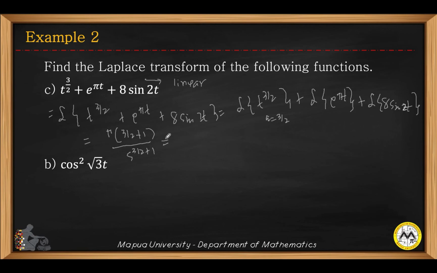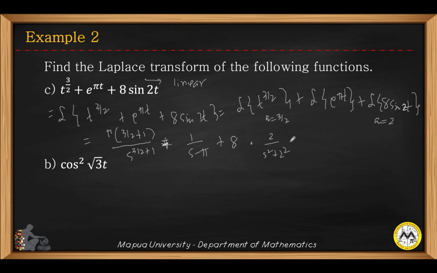Then plus e to the pi t is 1 over s minus pi, plus the constant. And for sine at, the Laplace transform is a over s squared plus a squared. So 2 over s squared plus 2 squared.